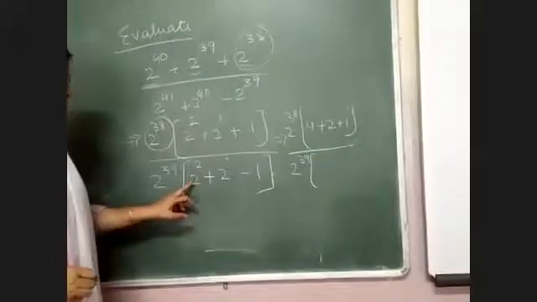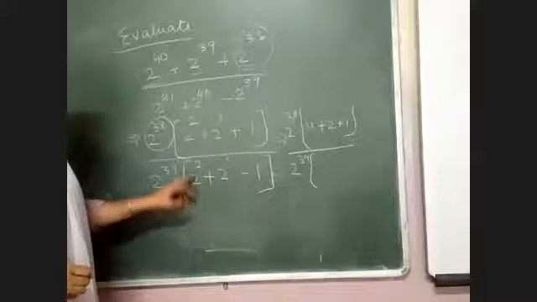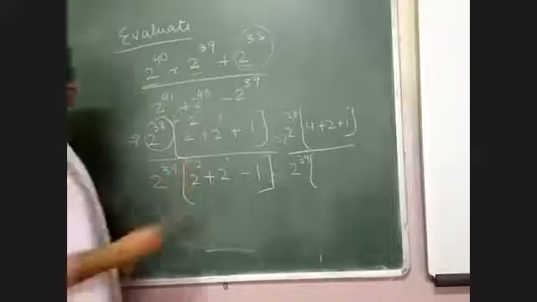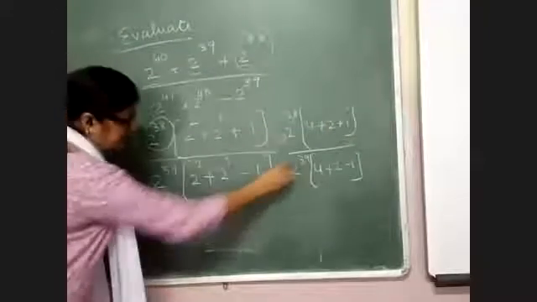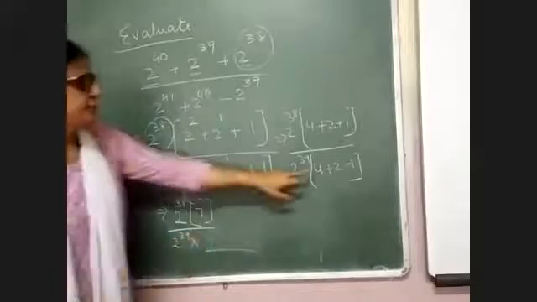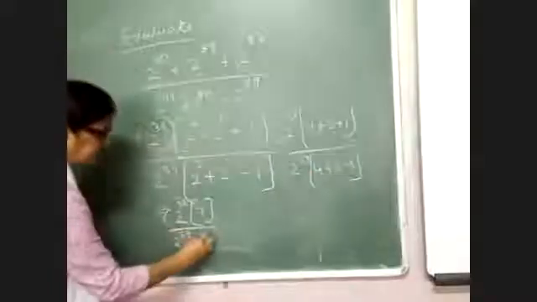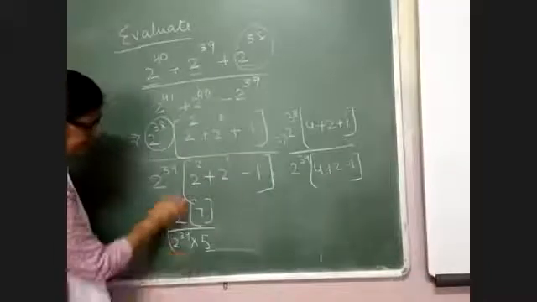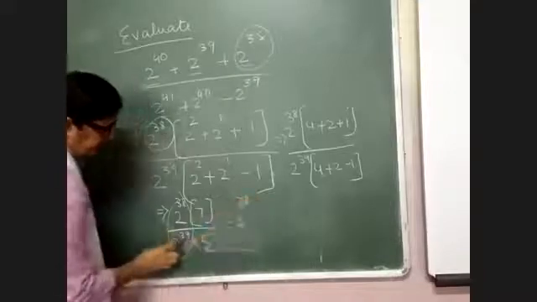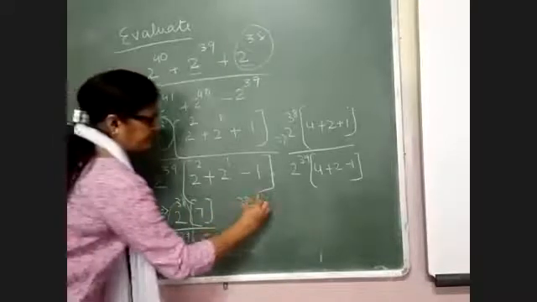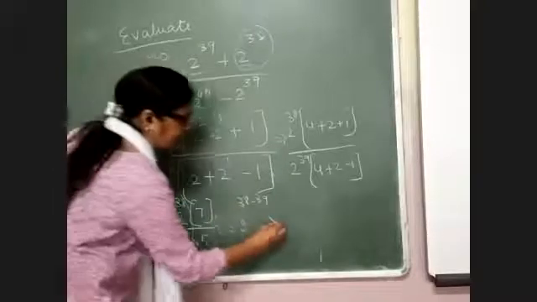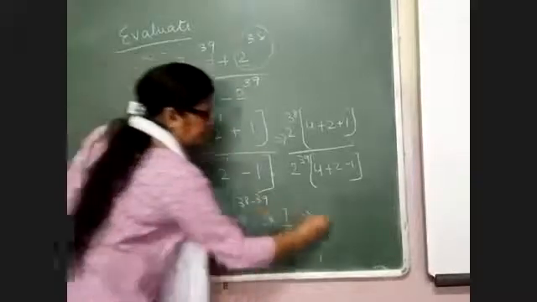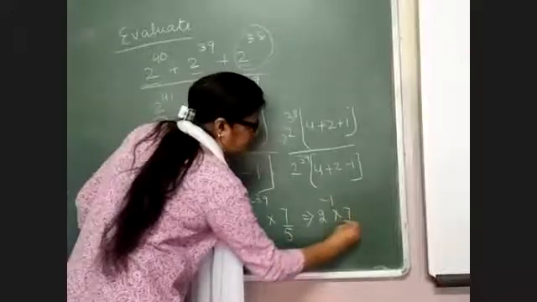So the numerator is 2 raised to the power 38 into 4 plus 2 plus 1, which is 7. The denominator is 2 raised to the power 39 into 4 plus 2, which is 6, minus 1, which is 5. Now when 2 raised to the power 38 over 2 raised to the power 39 is considered, the power becomes minus 1, into 7 upon 5.